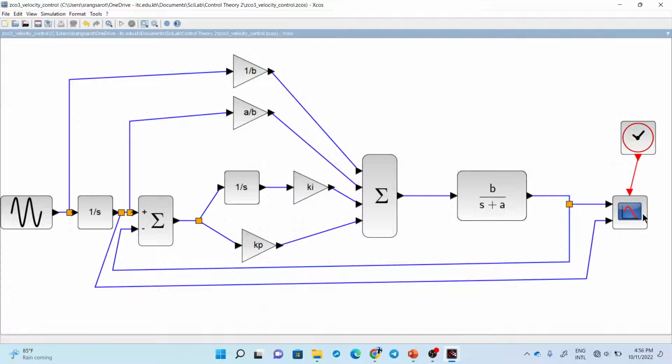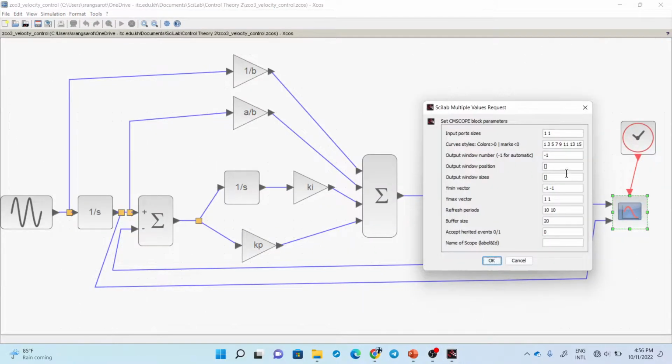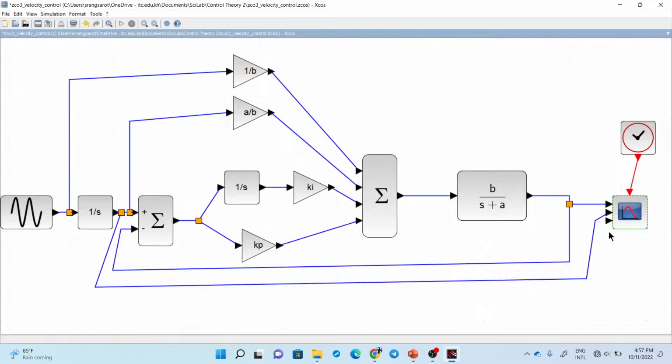If I want to see error, what do I do? I want to see error. I add another port, 1, and this one is minus 0.1 to 0.1. This one also 10 seconds. Error. Where is error?